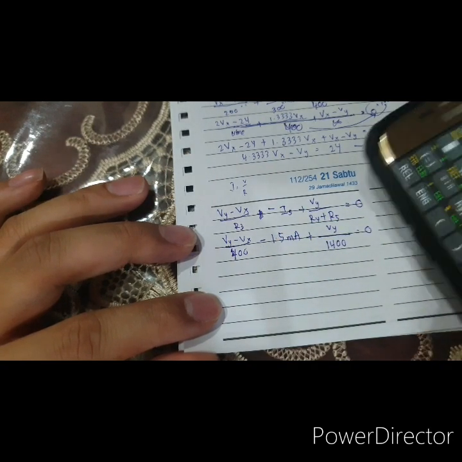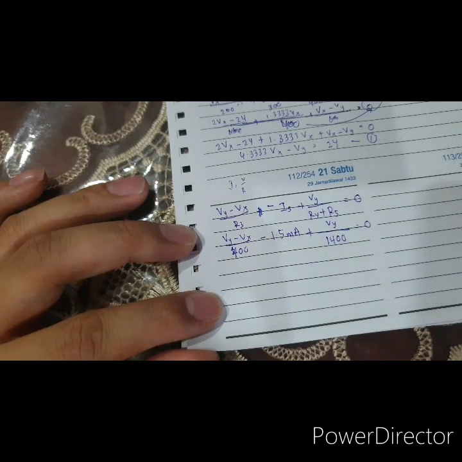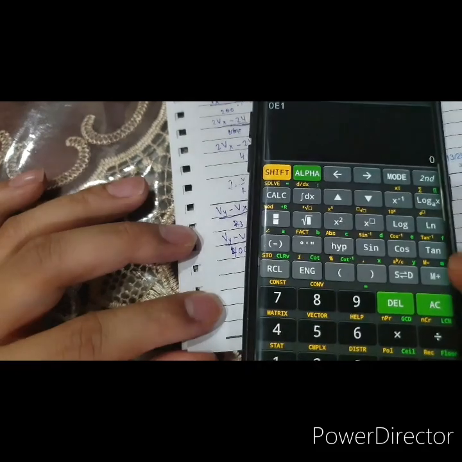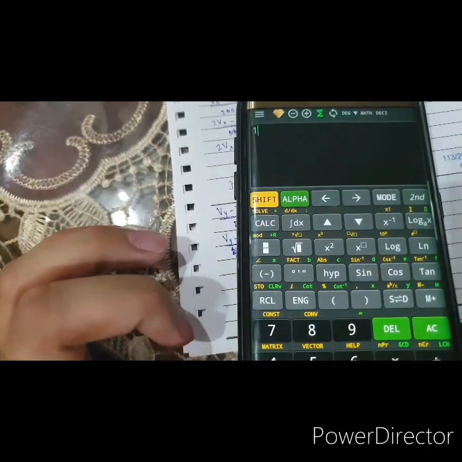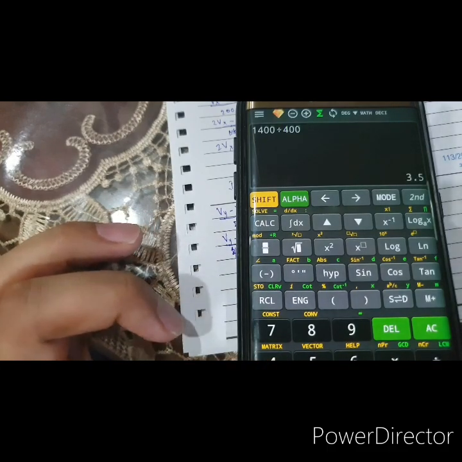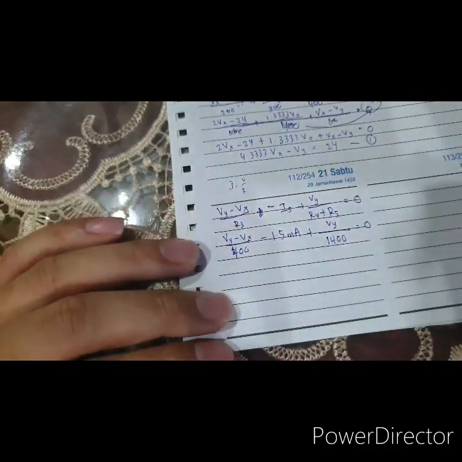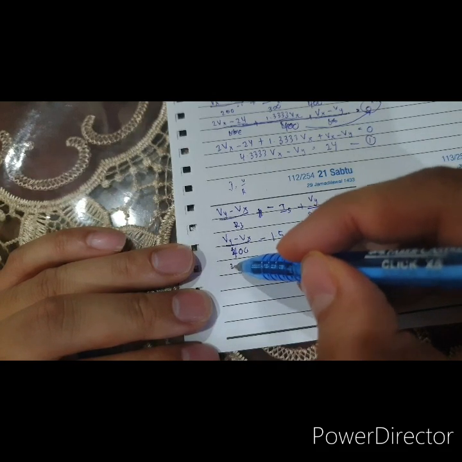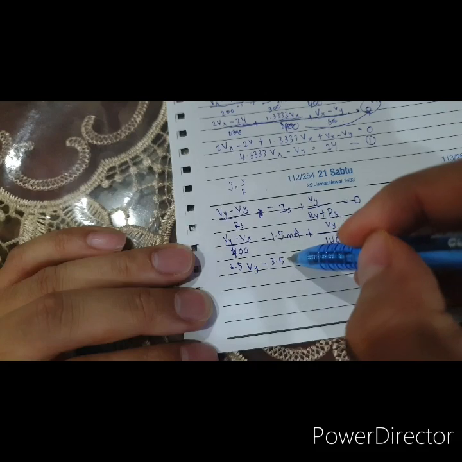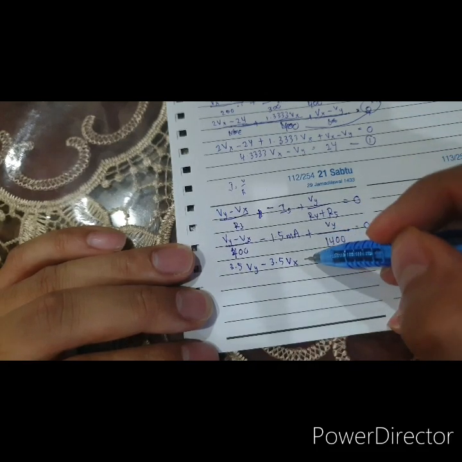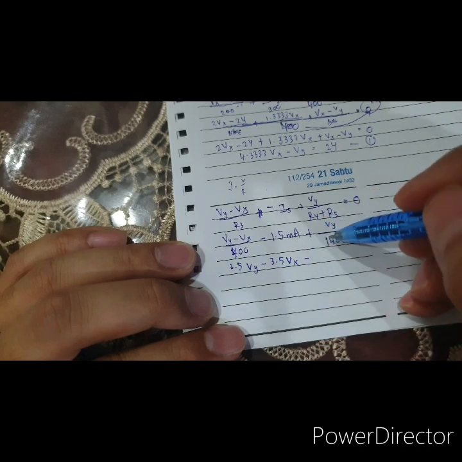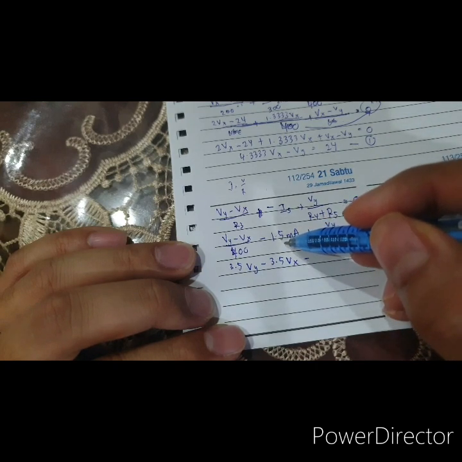So kita buat 1400. Okay, 1400 bahagikan dengan 400, so kita akan dapat 3.5. So here should be 3.5 Vy minus 3.5 Vx minus apa, ni kita nak samakan dengan ini, so kita kalikan dengan 1.4 juga kan.